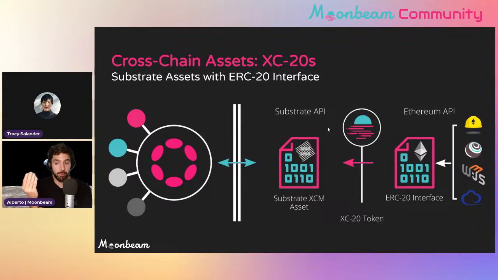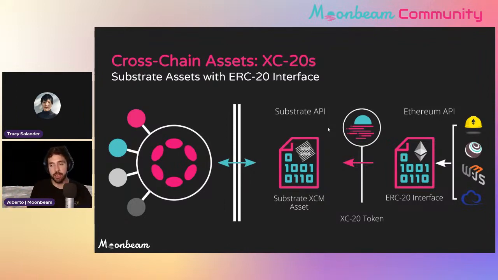Or even Polkadot. For example, Polkadot's token DOT lives as an ERC20 on Moonbeam. That's why you can put it in lending and borrowing protocols like Moonwell. You can deposit it to DEXes like BeamSwap and StellaSwap. That is because all the assets on the Polkadot ecosystem that are registered on Moonbeam exist as ERC20s. So it's really cool because it goes both ways.